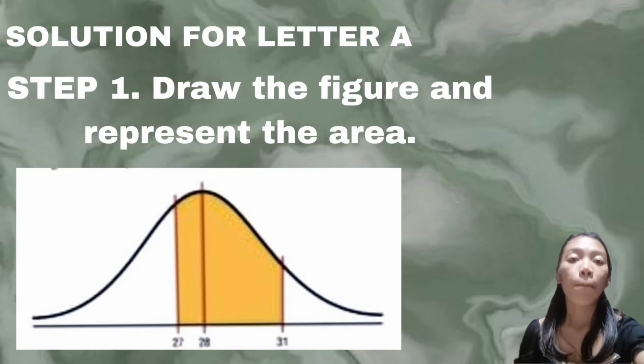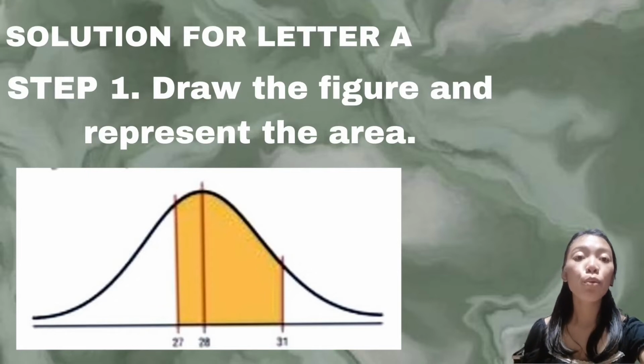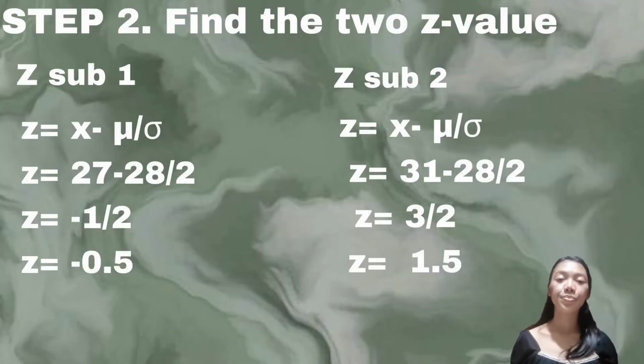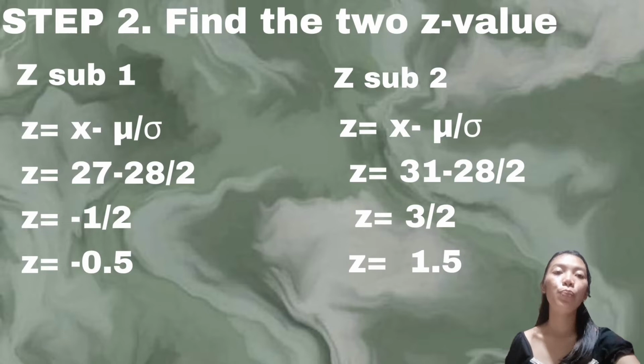So, let us move forward to step number 2. Okay, step number 2. Find the two z values. It is the same thing, class, that we do to get the z value of x sub 1 and x sub 2. We use the formula z equals x minus mean divided by the standard deviation.